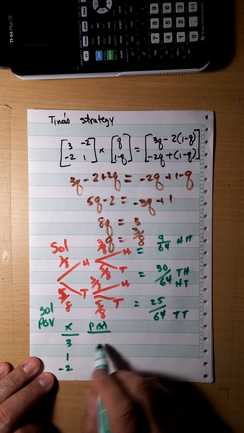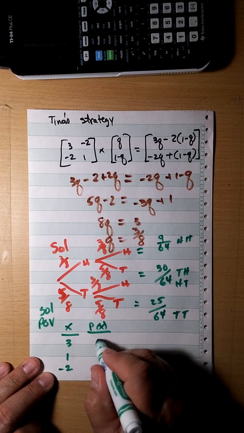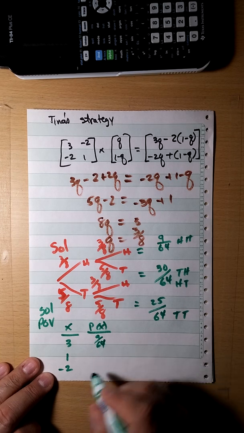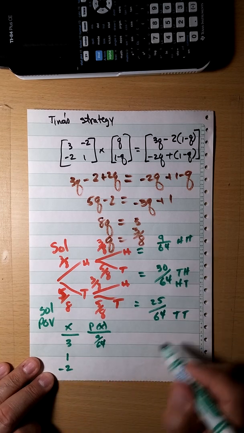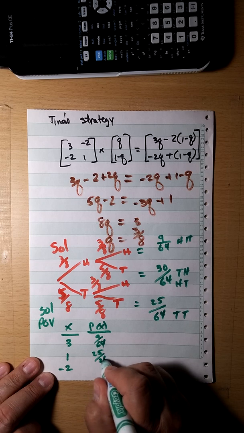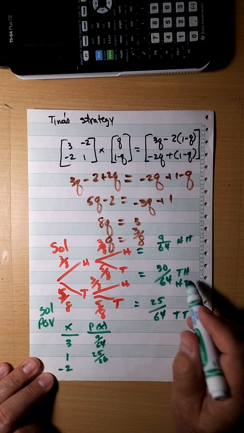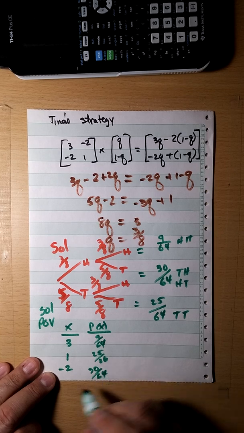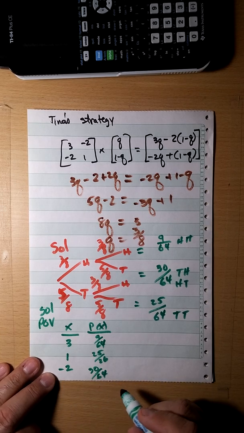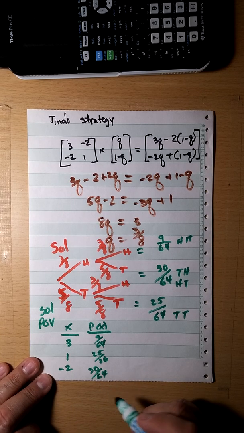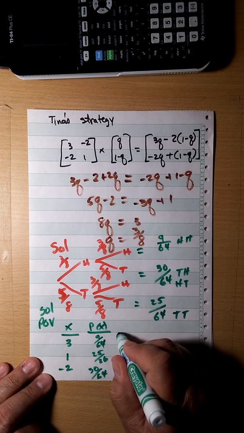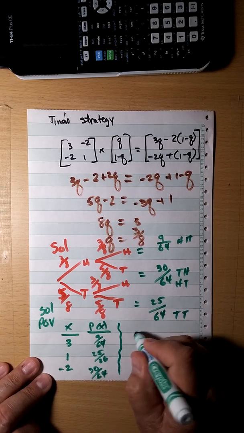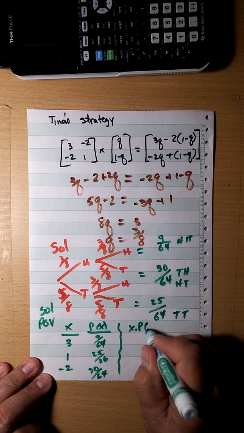For the 3, this is the heads, heads. That's the 9/64. The 1 is the tails, tails, 25/64. And the 30/64 is for this -2. Tina really wins that one. You multiply them together, x times p of x.